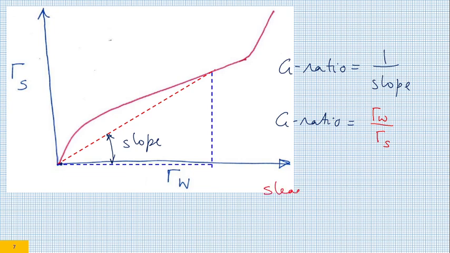Steady state grinding ratio is a much better approach to calculate, and that should be delta gamma W divided by delta gamma S. So this is a better approach to calculate grinding ratio.